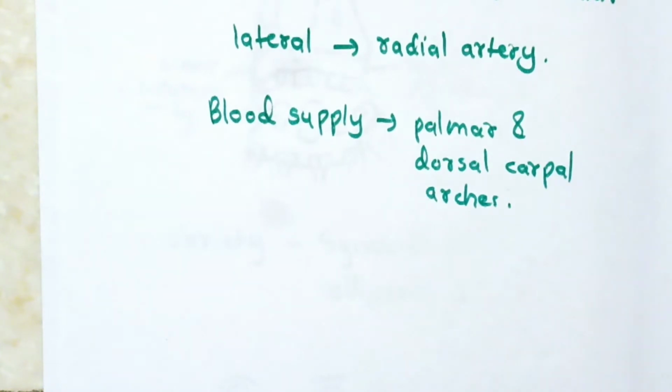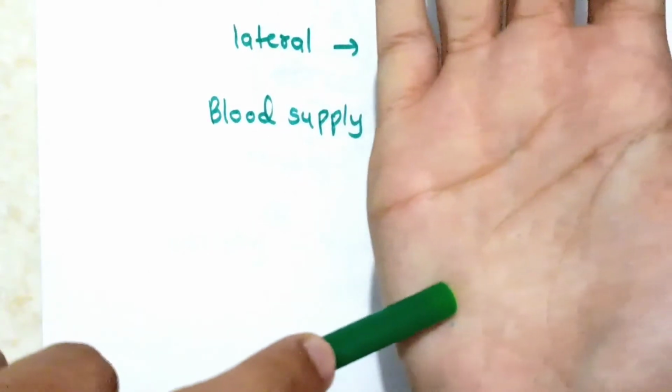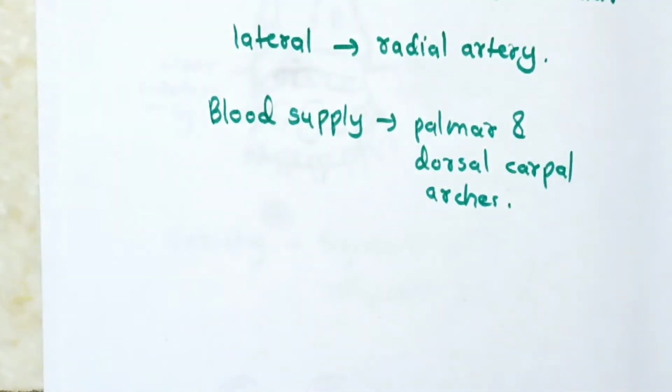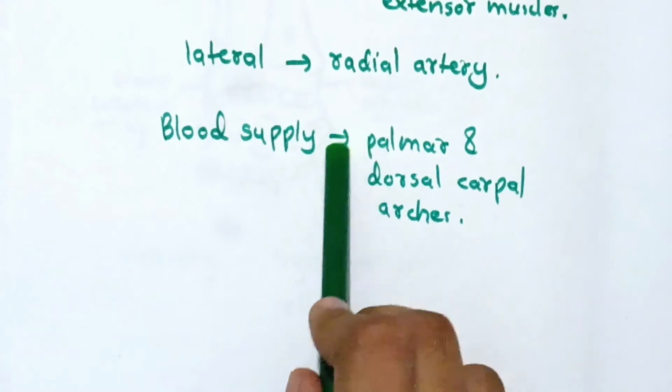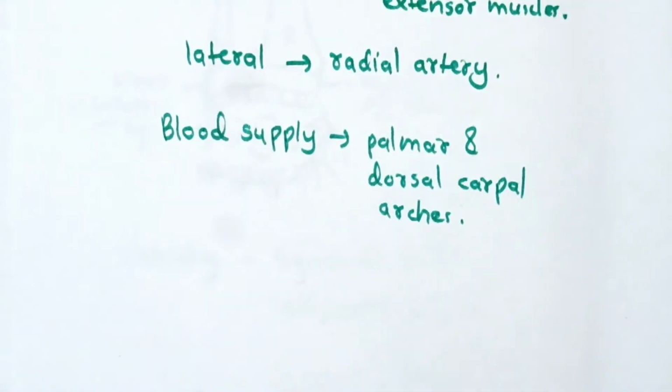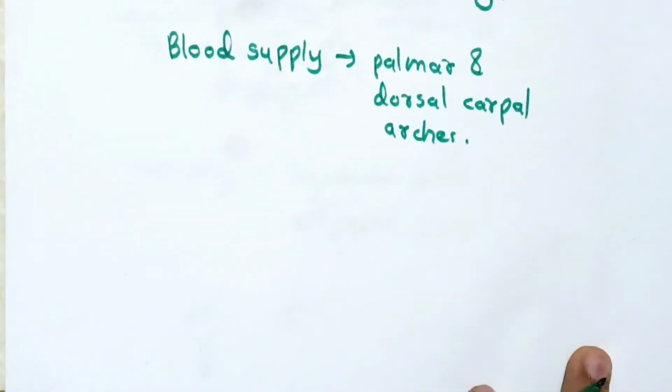This is the anastomosis between the arteries and forming arch-like structures. I have already made a video on the palmar arches, both superficial and deep palmar arches, so you can go and watch that video for better understanding. So yeah, these arches are going to supply the wrist joint also.